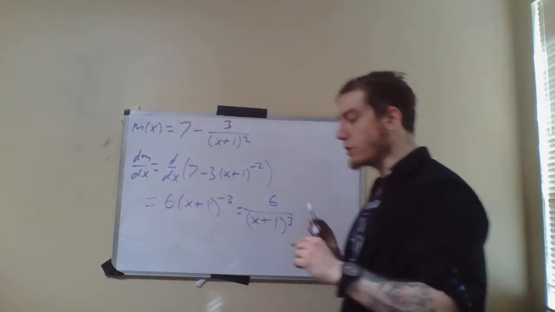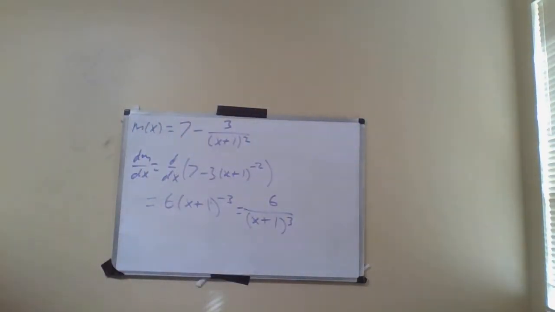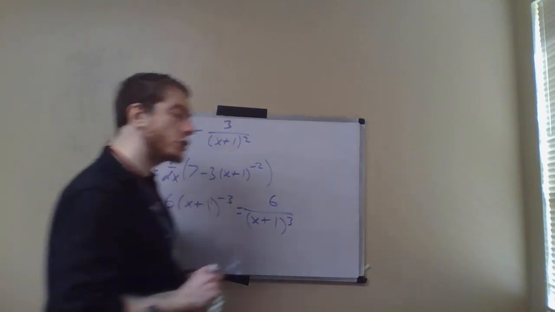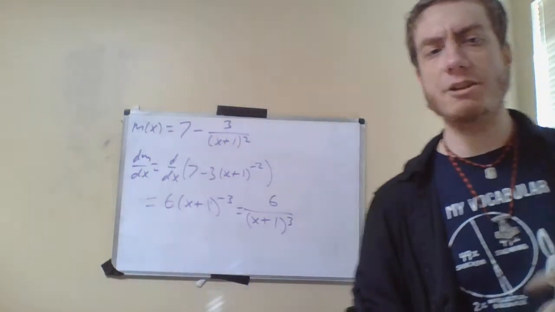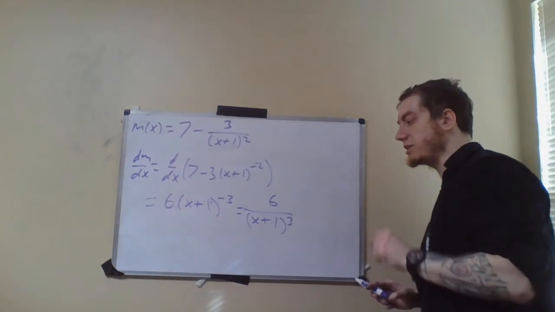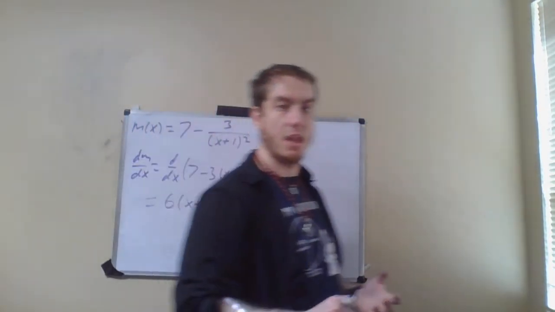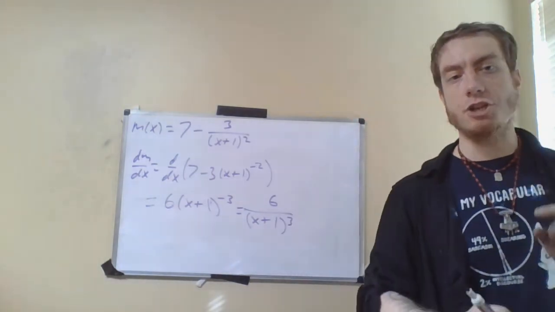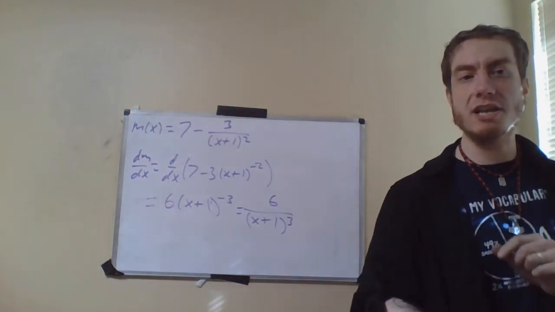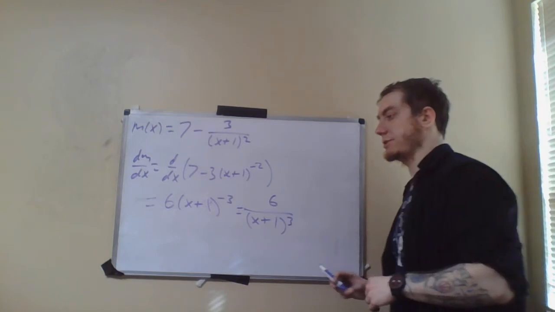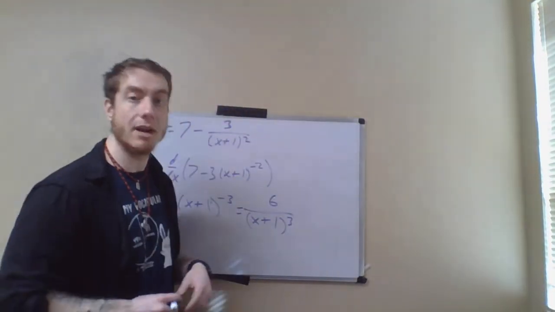Now, later on, we're going to see how you can actually do a lot of these things backwards too, which is what you want to do in many situations. Because in a lot of situations in physics, for example, you may not know the position. But what you do know is the acceleration, because you have control over the acceleration. Like maybe you're running a rocket, so you can decide what the acceleration is.